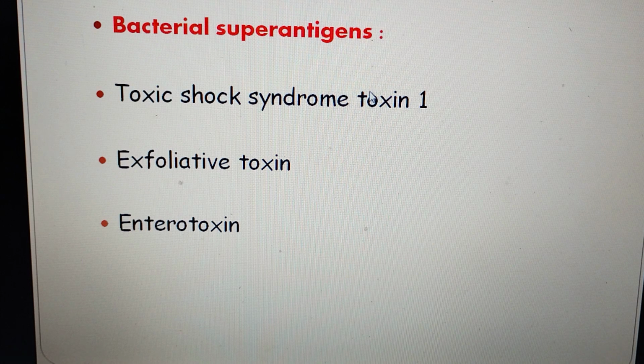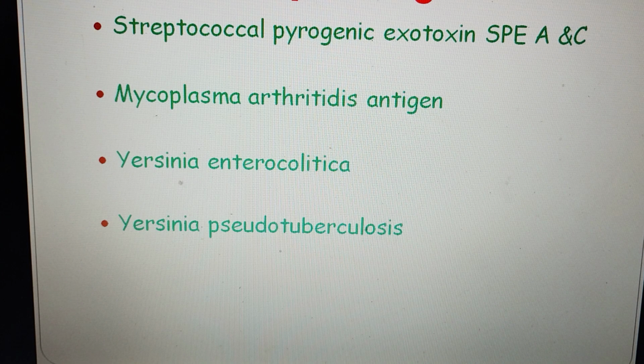Toxic shock syndrome toxin is responsible for toxic shock syndrome, exfoliative toxin is for staphylococcal scalded skin syndrome, and enterotoxin is responsible for food poisoning. Next, streptococcal pyrogenic exotoxin A and C, which is present in streptococcus for necrotizing fasciitis. And then Mycoplasma arthritidis antigen, Yersinia enterocolitica and Yersinia pseudotuberculosis. These are all examples of bacterial superantigens.